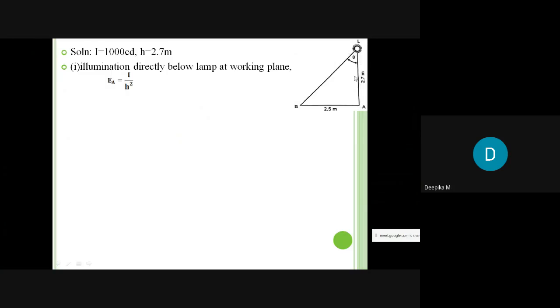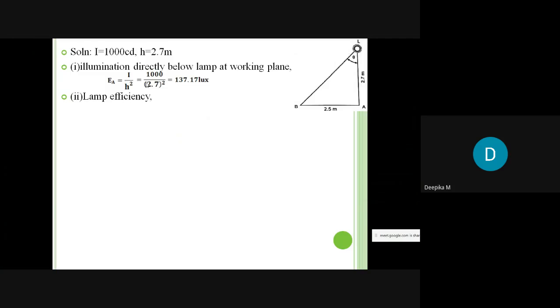So cos 0 is 1. Hence I have not written cos cube theta, because cos cube 0 is also 1. So EA is I by h square. So I is 2000 and h is 2.7 whole square, which is 137.17 lux. The illumination unit is lux, or we can write it as lumens per meter square.